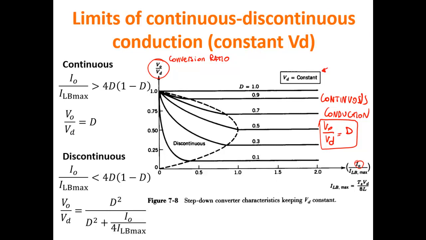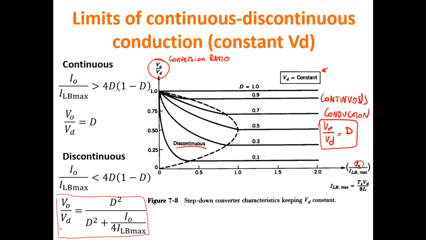If we cross the boundary, we are in a region of discontinuous conduction. Okay? So in the region of discontinuous conduction, the expression that links VO over VD to the current is the one that we have just calculated. And of course, we can use D as a parameter, but some aspects of the behavior are quite easy to understand.